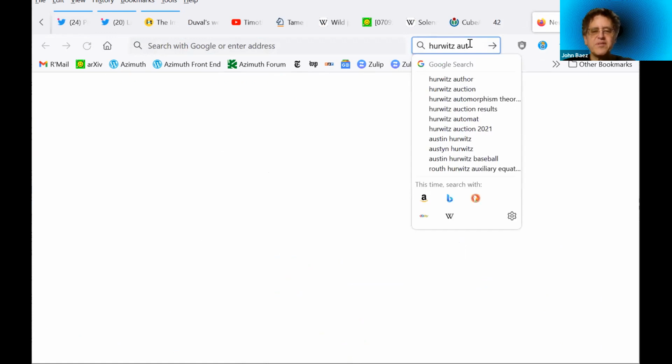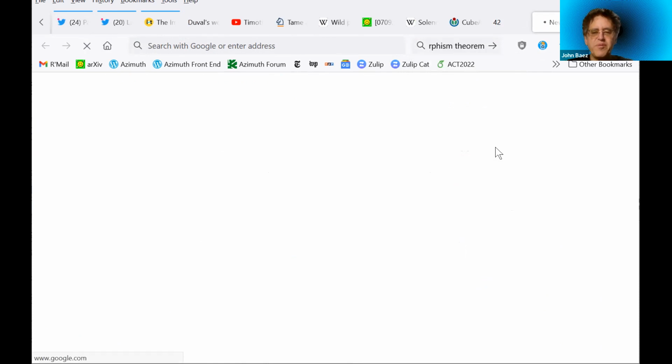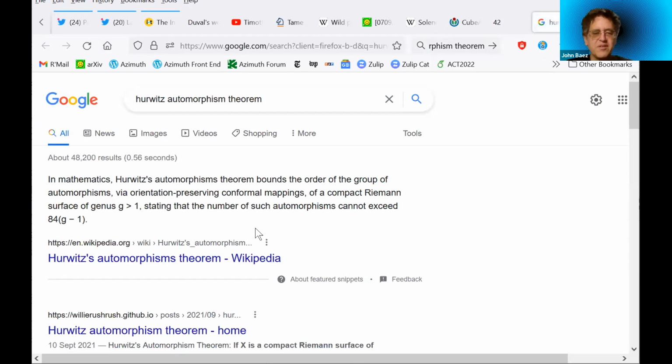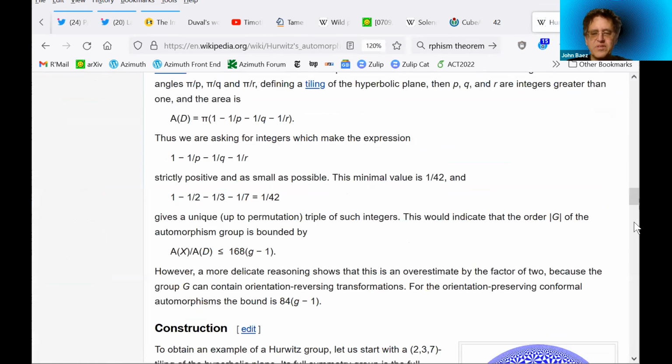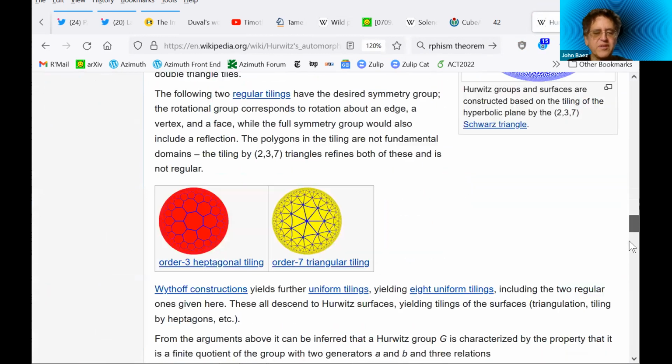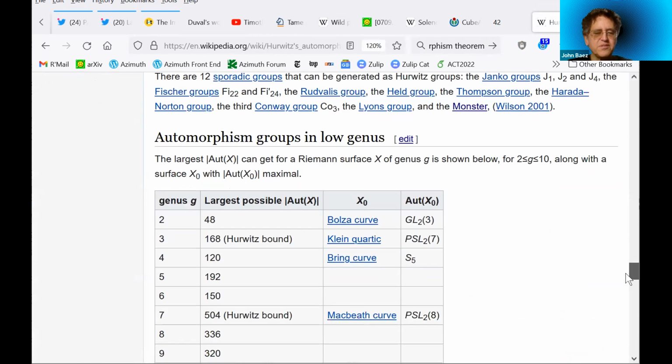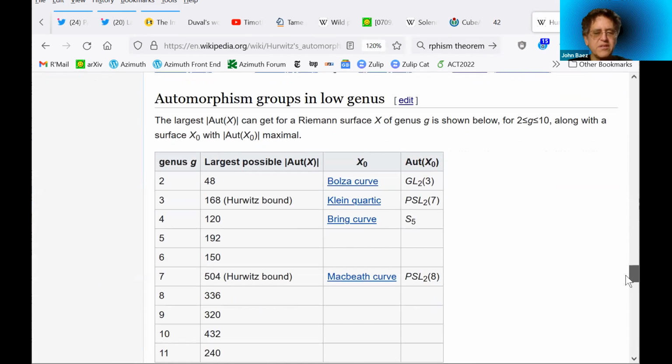So if I look at the Hurwitz automorphism theorem, there's a little thing in Wikipedia where they list, for a few low genuses, the maximum symmetry. And here's the story. 7, 3 and 7, the Macbeath curve.